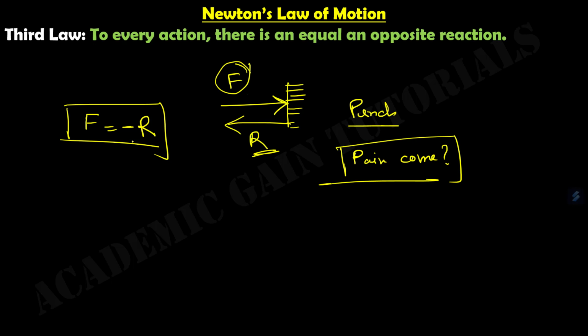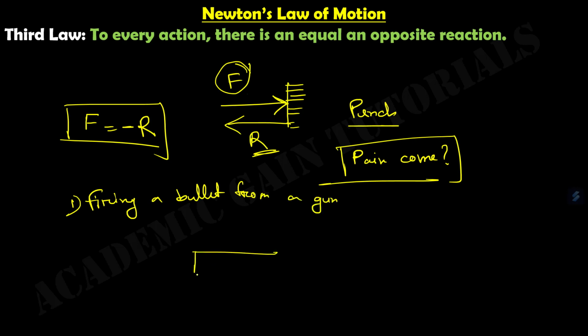In the third law of motion we have different examples in our daily life. Like firing a bullet from a gun. Suppose this is the gun.